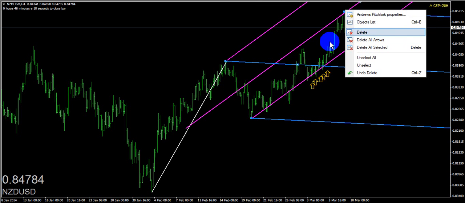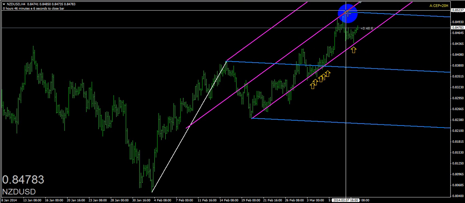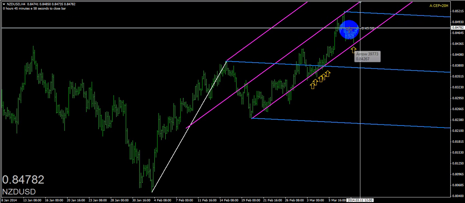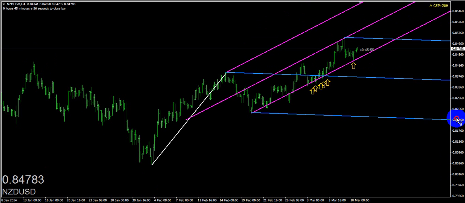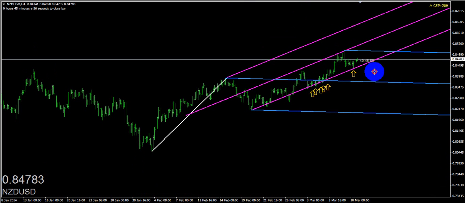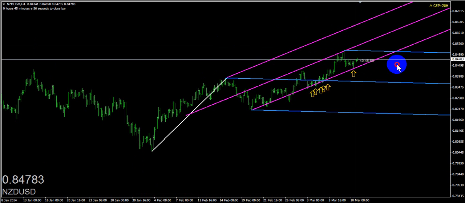It just might keep going higher, but I'm going to draw this fork anyways to see how it reacts, because the median line was hit and went down, so I want to see if it keeps going through to gain more strength to the upside for a potential trade to the upside.